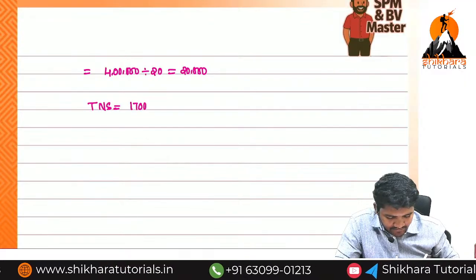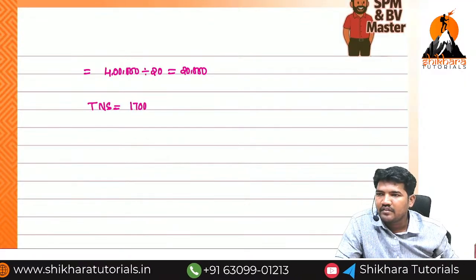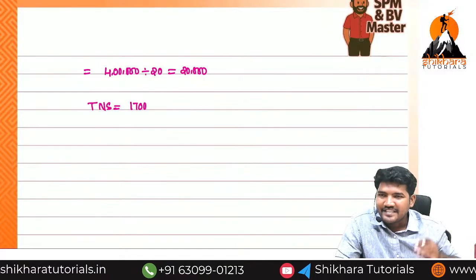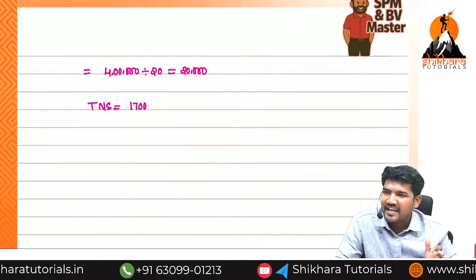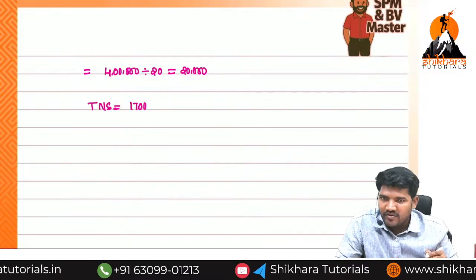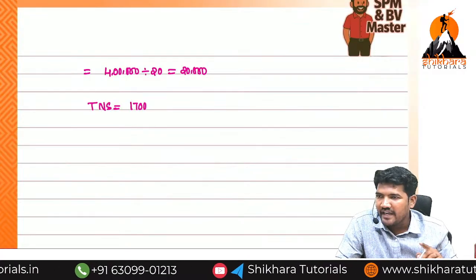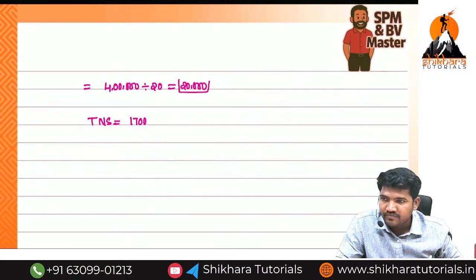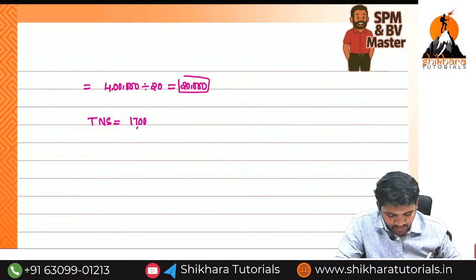1700 lakhs divided by 20 rupees. How many zeros? 1700 lakhs or 17 lakhs? 1700 lakhs divided by 20 gives 85,000. No, here itself it says 20,000, so I think it's 17 lakhs.